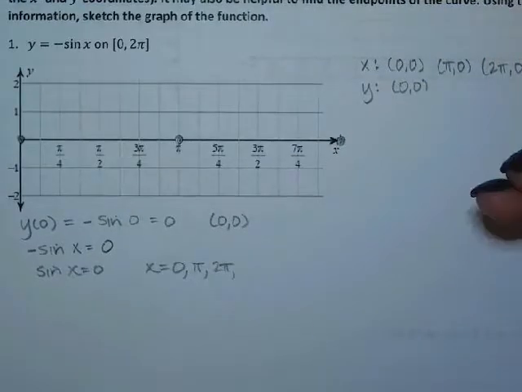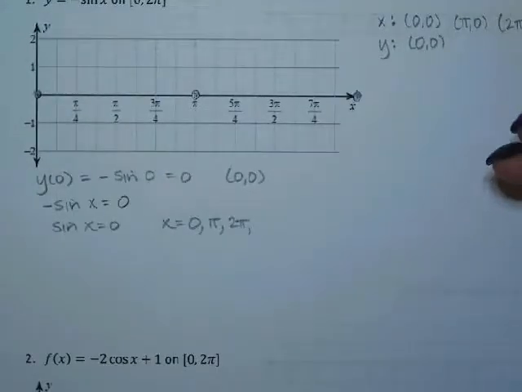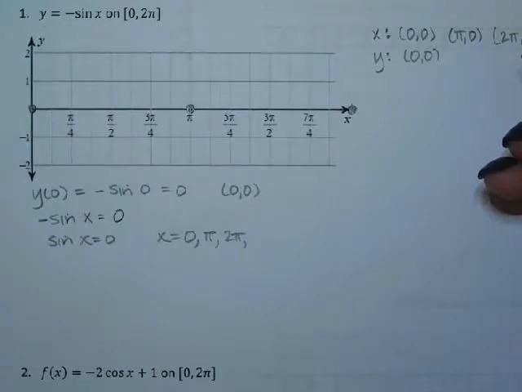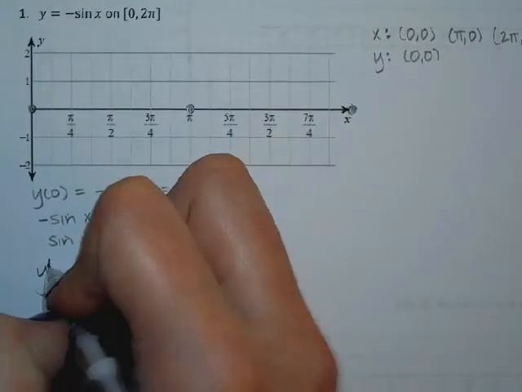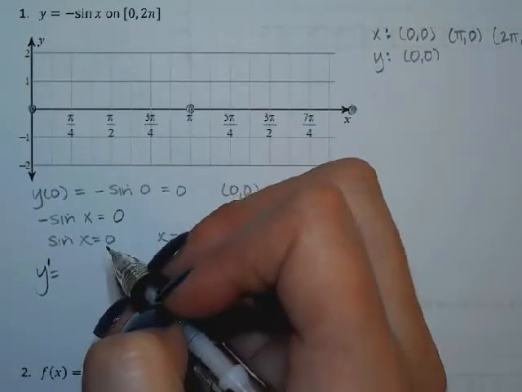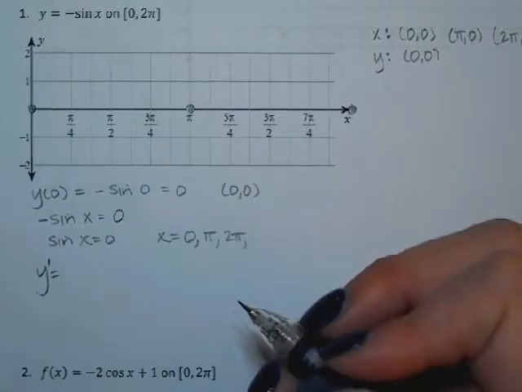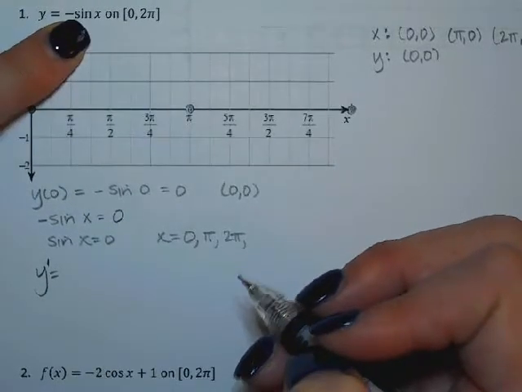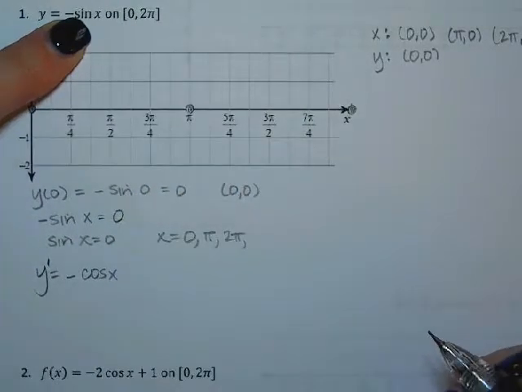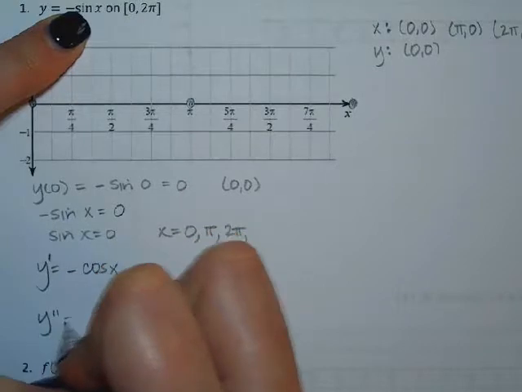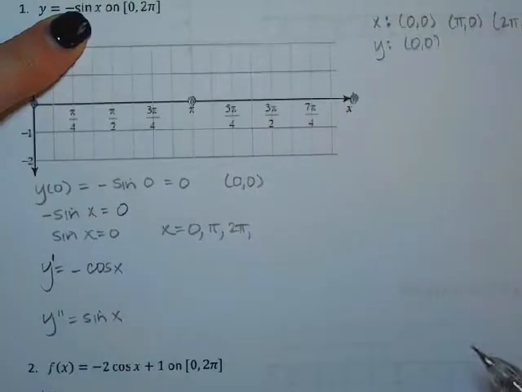All right, so what do we do next? Yeah, derivative. So y prime is negative cos, okay?